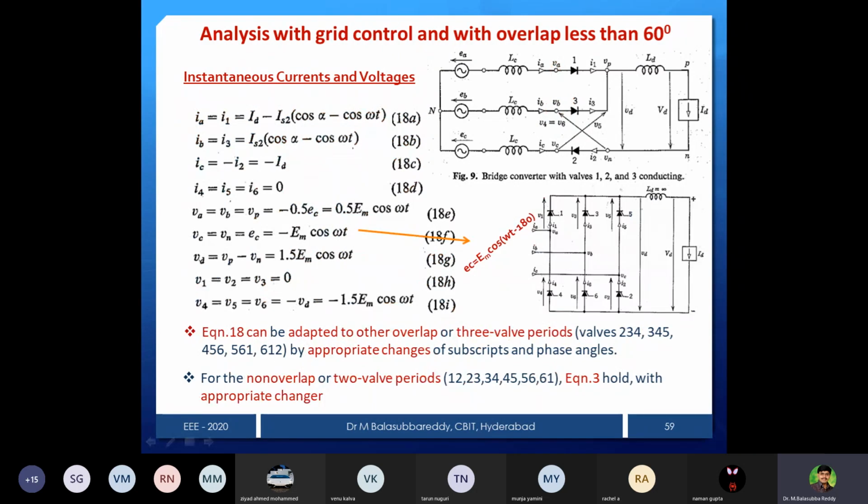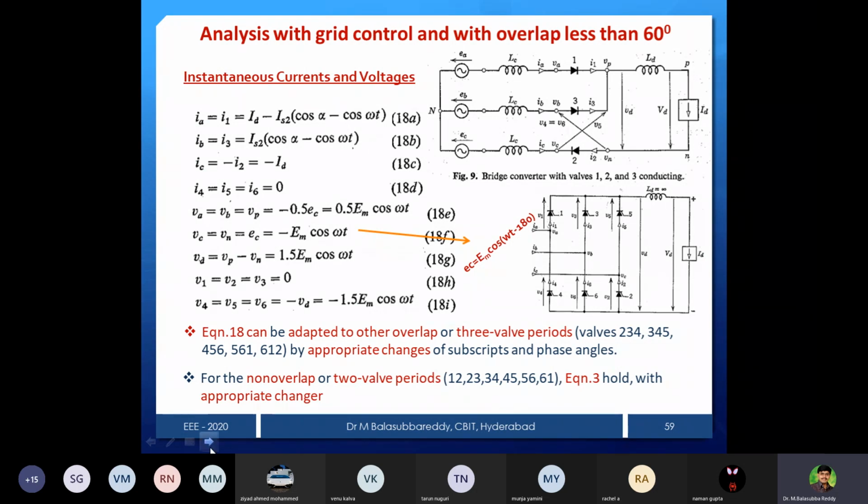Only these two things are required. Once you know that, you can easily derive your expression. According to this equation, IA is the current that goes to I1 because it is conducting. But that I1 current is not equal to ID, it is ID minus I3.